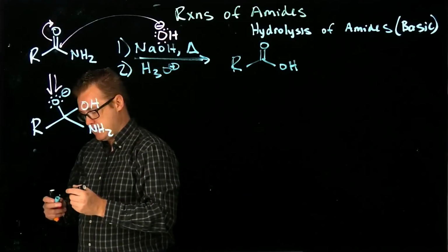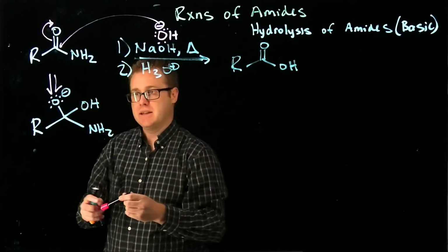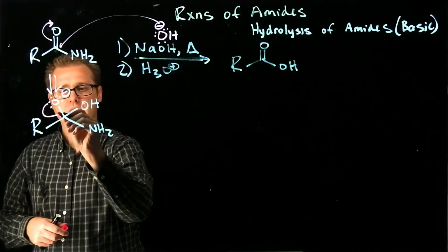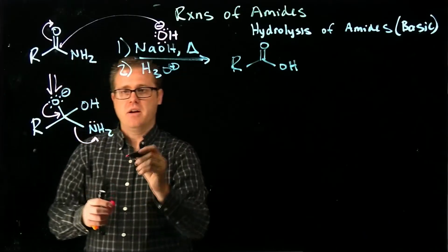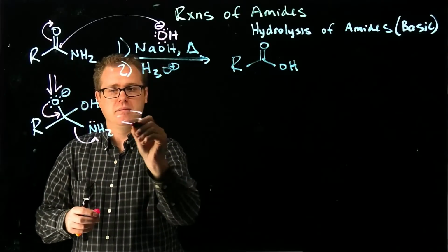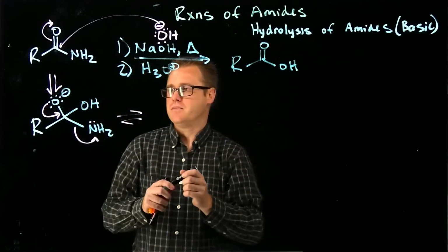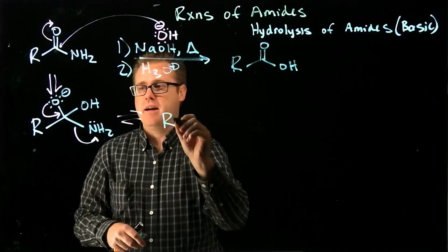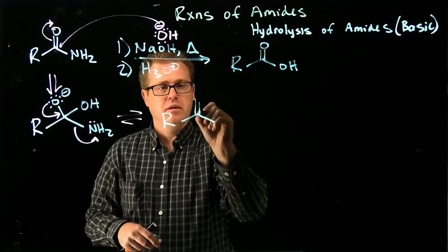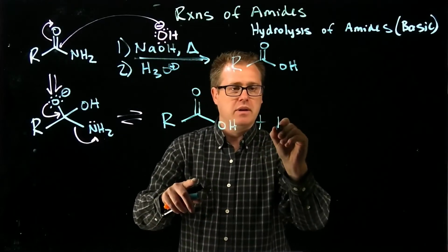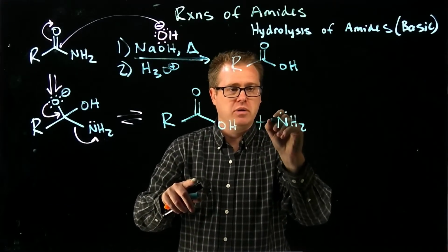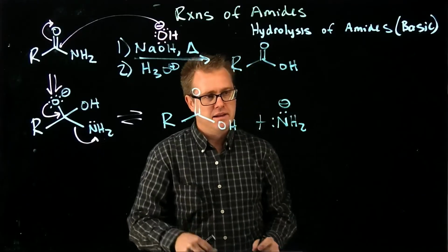And now you can see that we're under basic conditions. So this lone pair can collapse back down and kick off onto the amine. So now we have carboxylic acid plus NH2 minus like that.